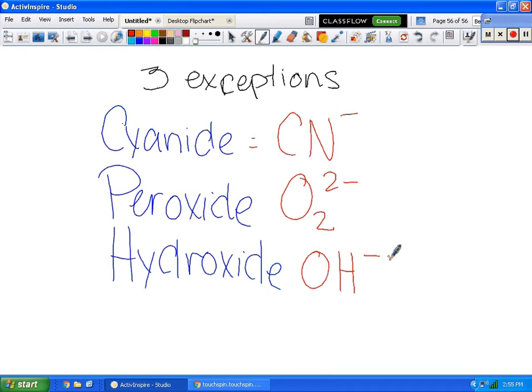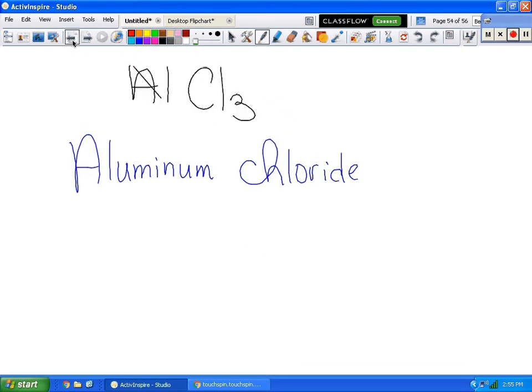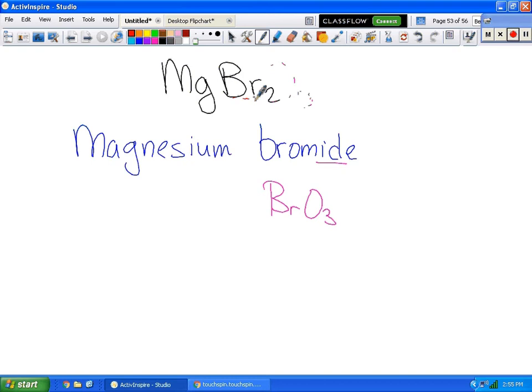Peroxide is kind of by itself, it'll always have the 2 there. But these are the only 3 exceptions. So when you see an element by itself, like nitrogen, chlorine, or bromine, it ides by itself. Cool with that? All right.